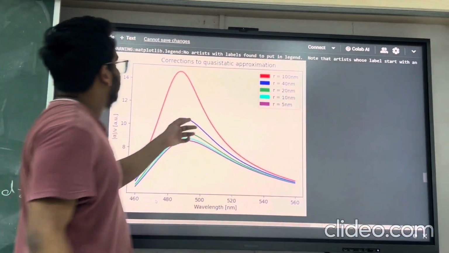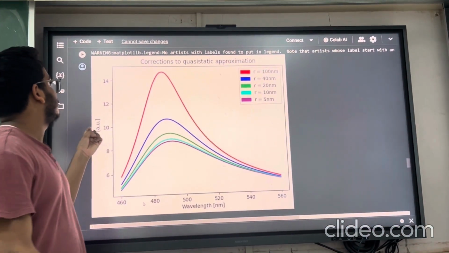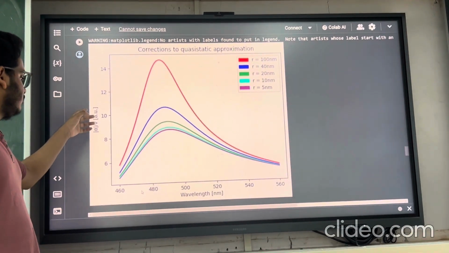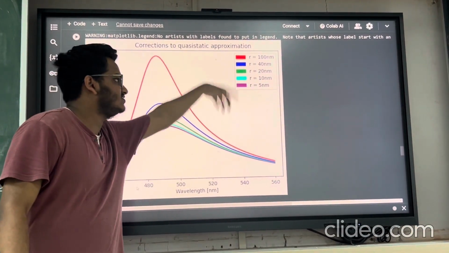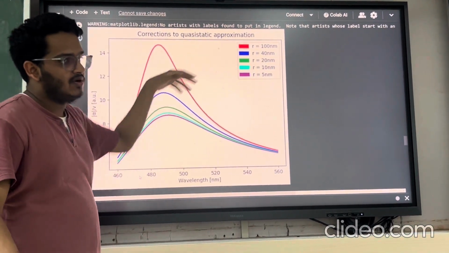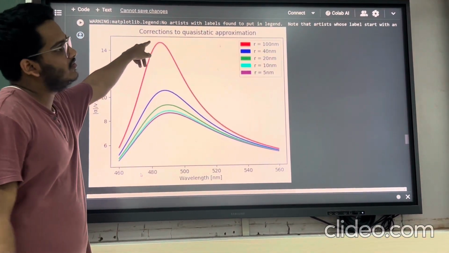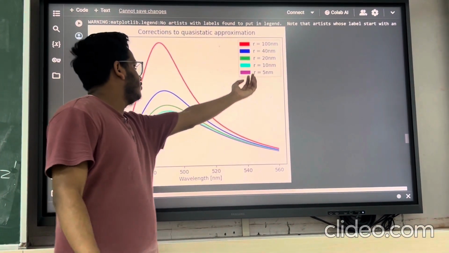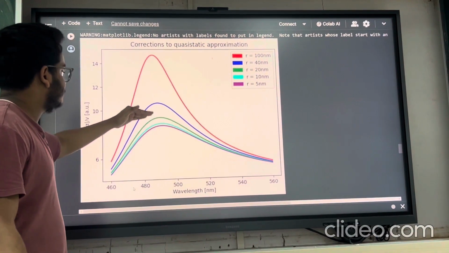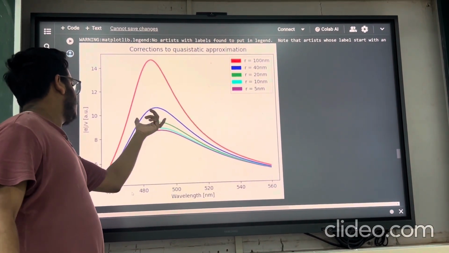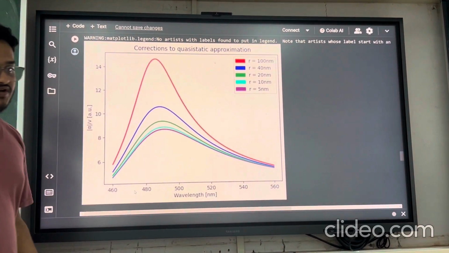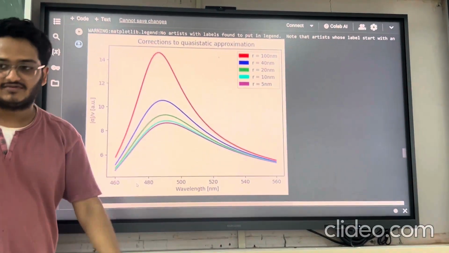And we have also coded out the alpha, which is the polarizability per unit volume, against the wavelength for various radii. So as we can see, for a larger radius, the imaginary part is not that high, so we get a higher resonance peak. But as we lower the radius from 40, 20, 10, 5, we get lower peaks, and the full width half maxima widens, which we derived earlier. Thank you.